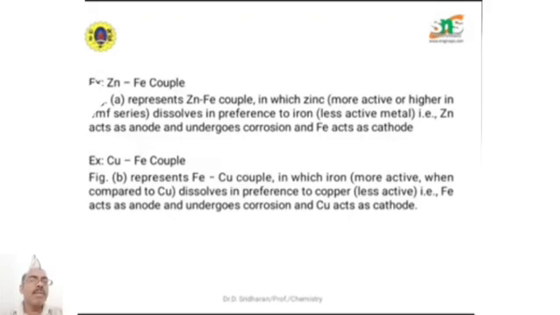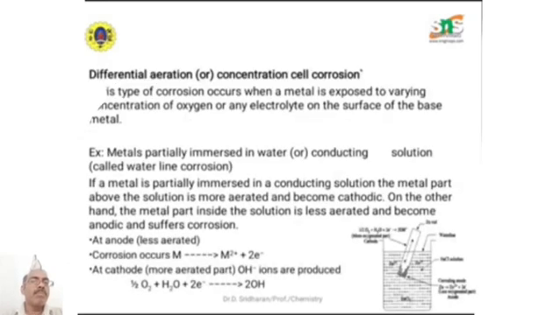Here, in the zinc and iron couple, zinc dissolves in preference to iron. Zinc acts as the anode and undergoes oxidation; iron acts as the cathode. And another couple of metals, copper and iron: in the iron and copper couple, iron dissolves in preference to copper. The Fe acts as an anode and undergoes corrosion, and copper acts as a cathode.